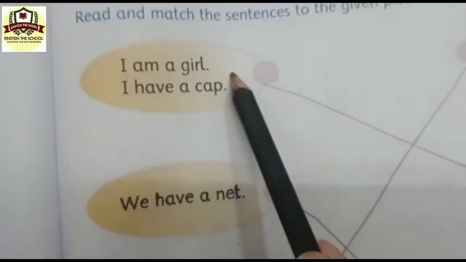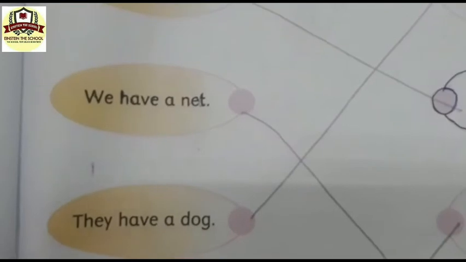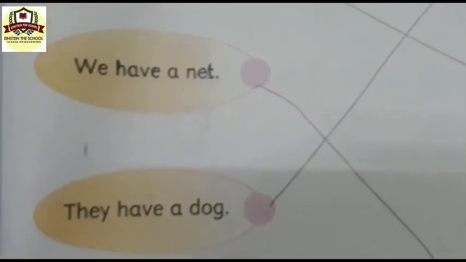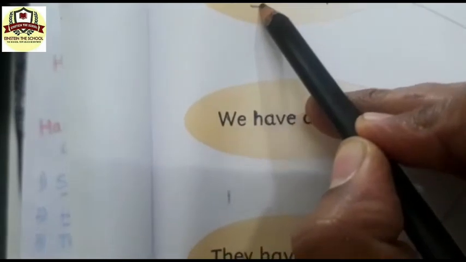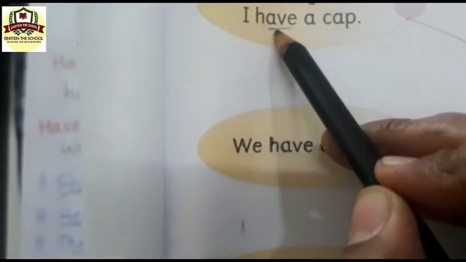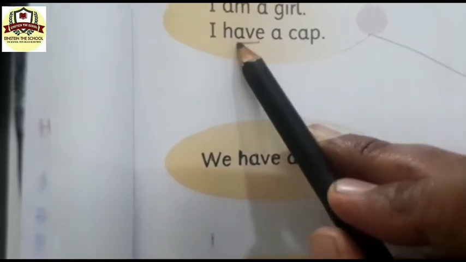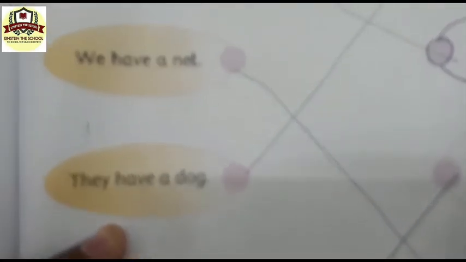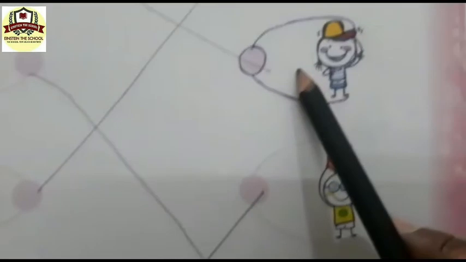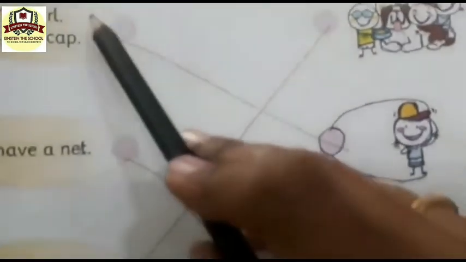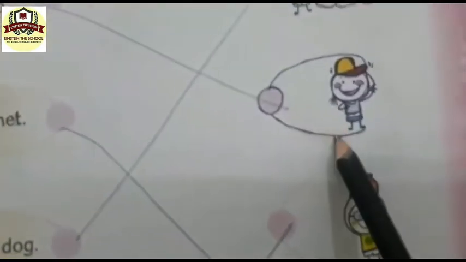I am a girl. I have a cap. Here, what you can see in the sentence? Have. Have is a plural form. I will come. So where is it here? I am a girl, I have a cap. So match it from here to here.